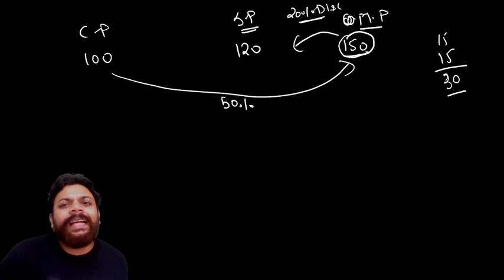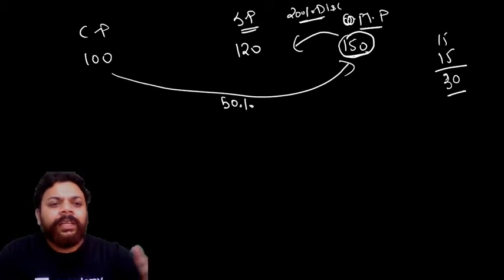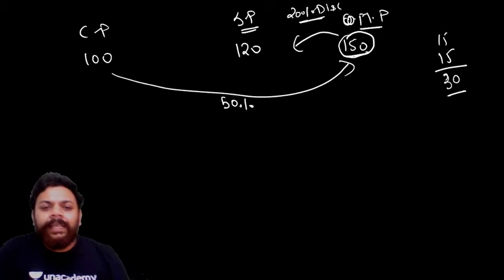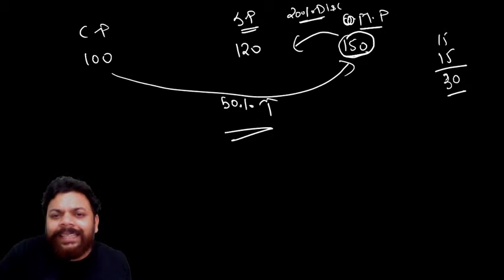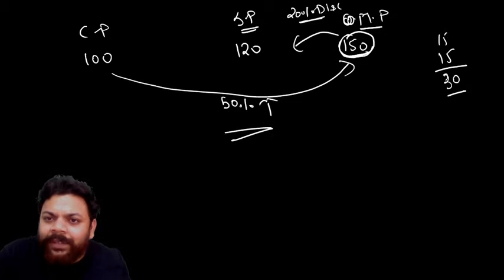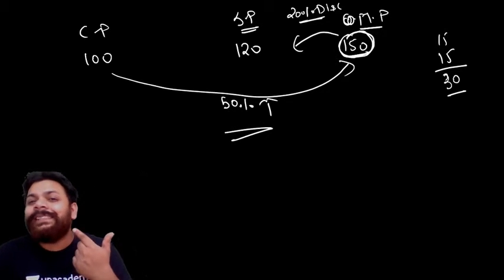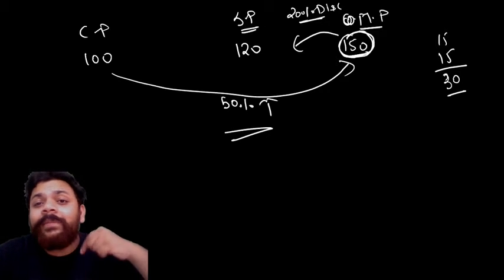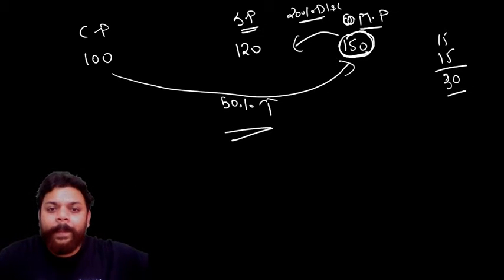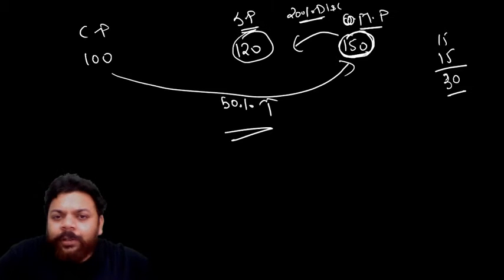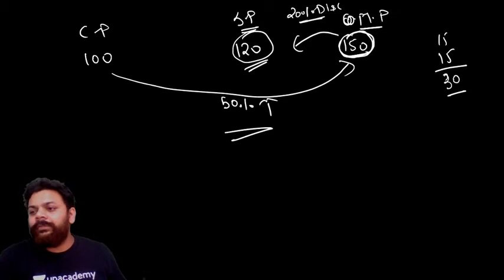So one more thing that we can conclude is, whenever CP is 100, and I increase it by 50%, my marked price will become 150, and on this I am further giving a 20% discount. That means my selling price is going to be 120.